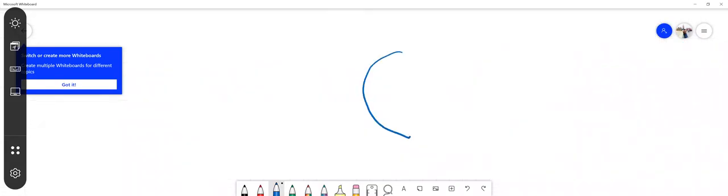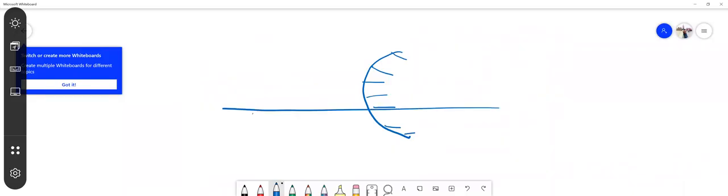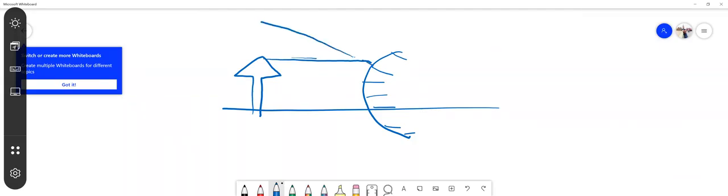If we have a convex mirror like this, and we have an object like this, how can we know the characters of the image formed by this convex surface? If we have parallel rays to the principal meridian, then they will reflect from the convex surface like this, so that their extension will pass through the focus.